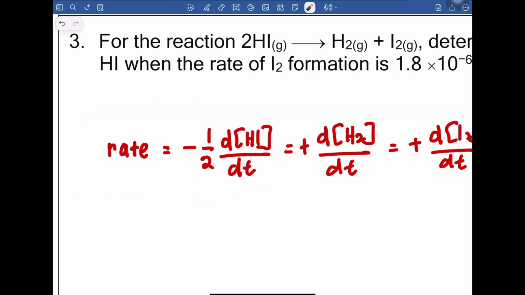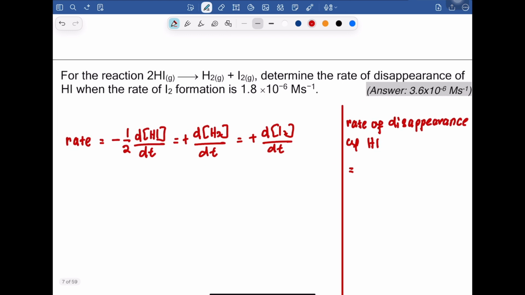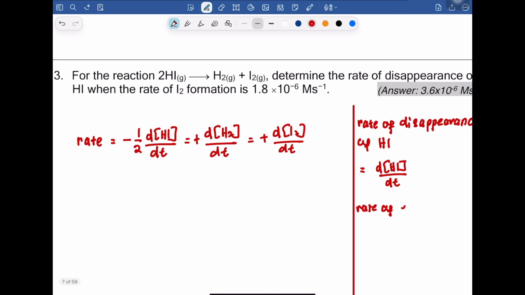Which one? The answer is, when the question asks what is the rate of disappearance of HI, it is actually referring to the d[HI] only. It does not include the 1 over 2. Rate of formation for I2 is d[I2] over dt. So the positive sign shows formation, negative sign shows disappearance, right?